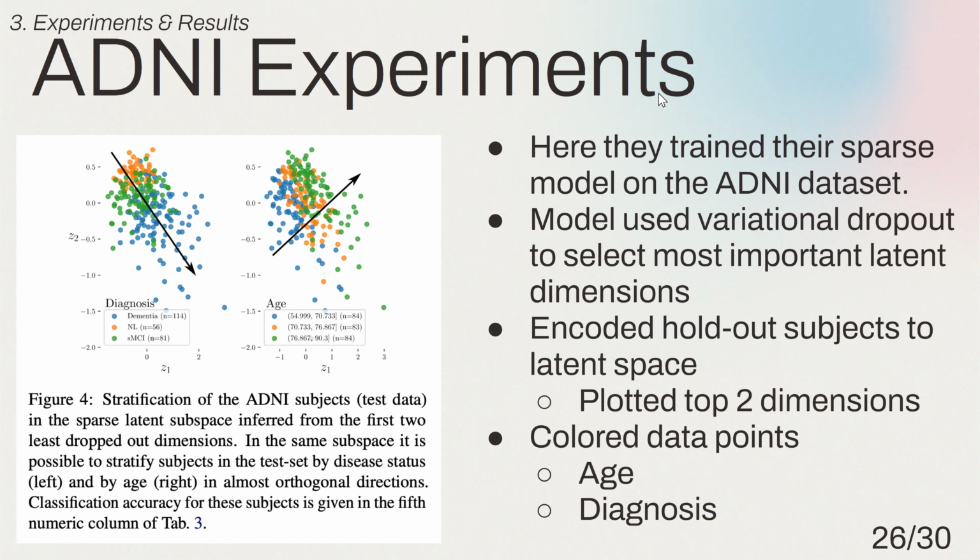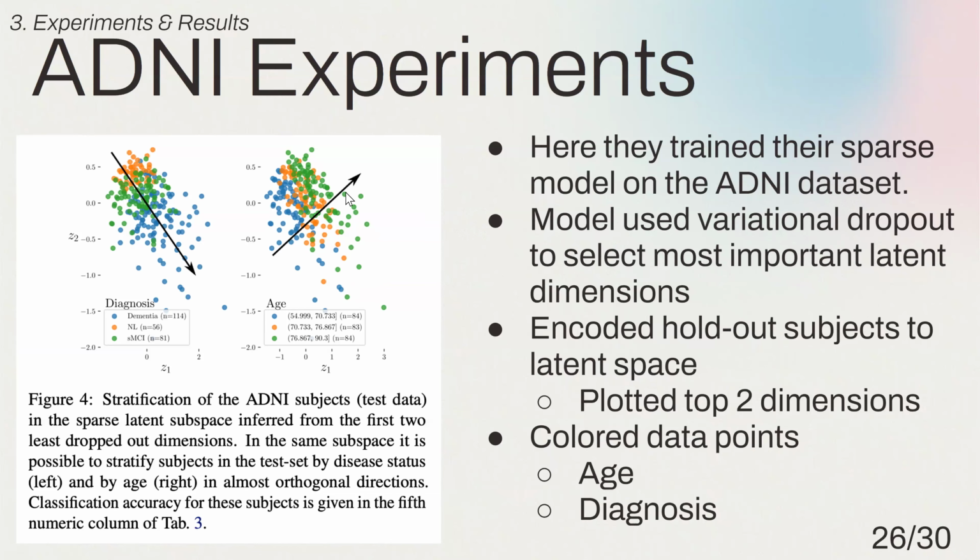I'm not sure if they do that exactly, but what they do here is after they train their model on the ADNI data set, and this is their sparse model, which they trained on the ADNI data set. And again, this is the one that used the variational dropout, where the model learns the different uncertainty values for the weights in the network, and from those uncertainty values learns to drop certain activations that are not important.